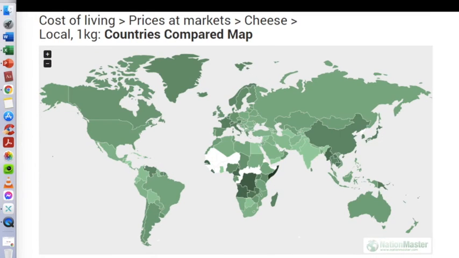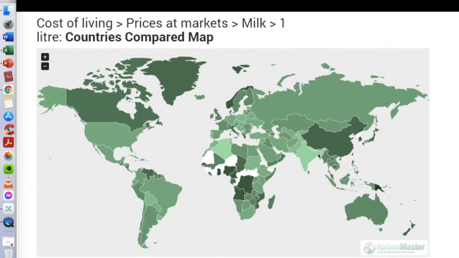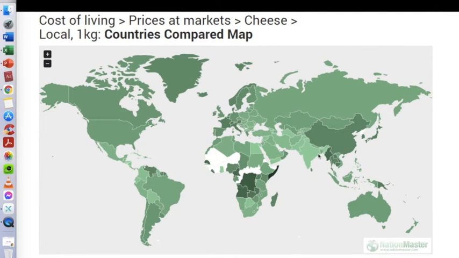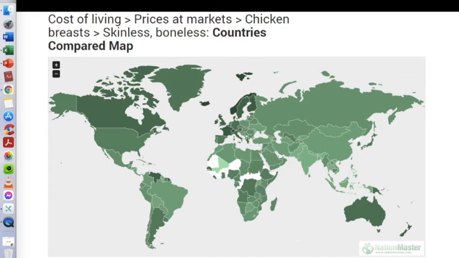And so different things in that basket of goods vary from country to country. And that makes sense. You know, there are different factors that increase the price of cheese versus the price of a loaf of bread versus the price of a kilogram of rice. Right? Boneless, skinless chicken breast, you can see not a whole lot of variance around the world.